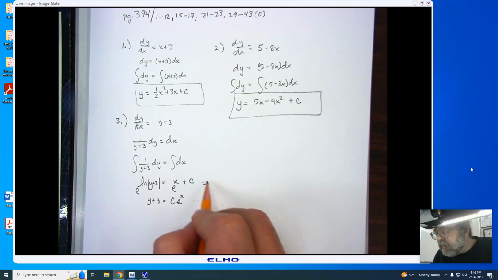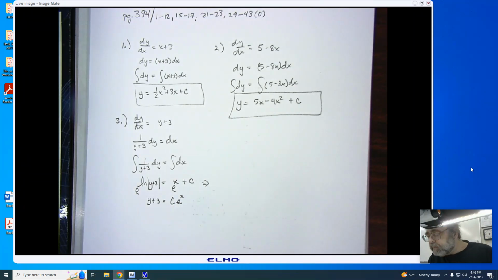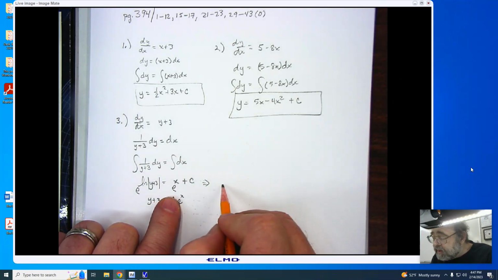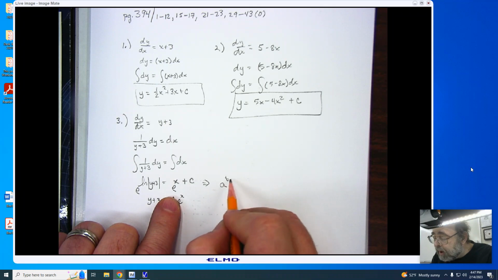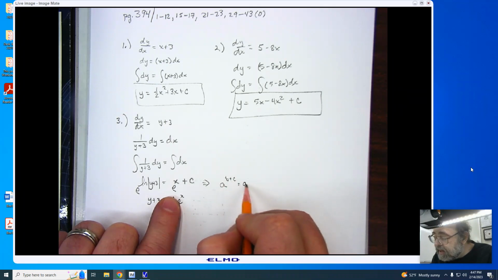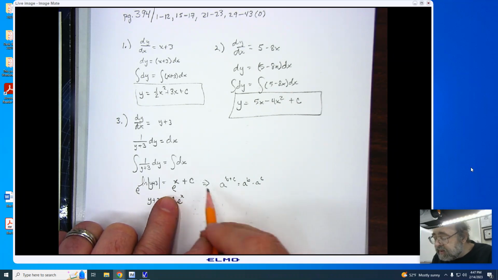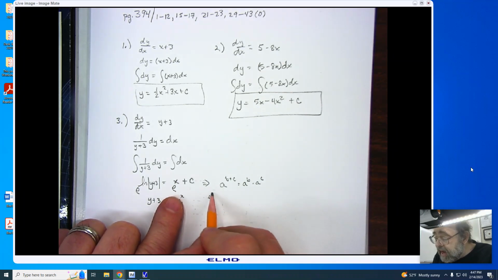Now, let's just take a moment and go through this real quickly. According to my laws of powers, when I have some variable a to the b plus c, it's the same thing as a to the b times a to the c. But notice that this is going to give me e to the x times e to the constant.